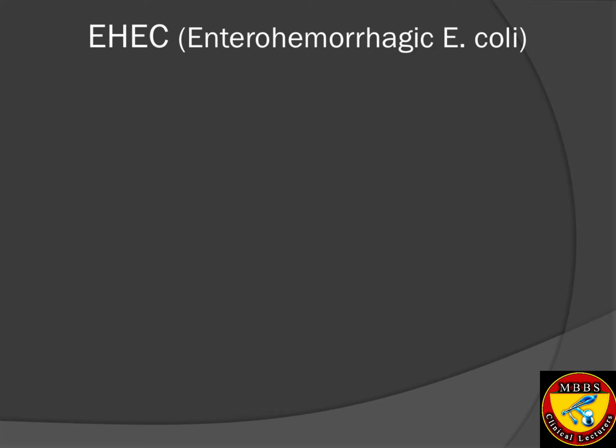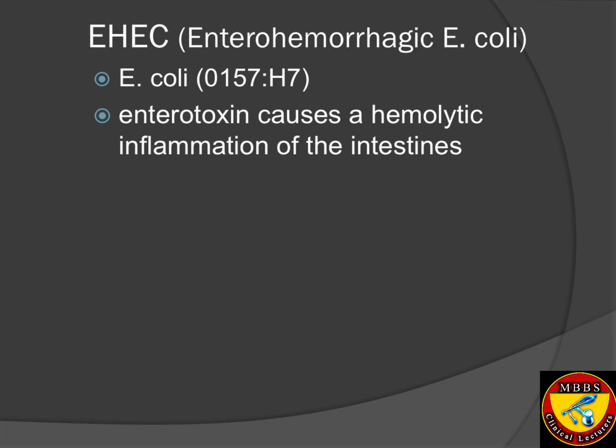Now coming to another toxigenic disease, enterohemorrhagic E. coli, also called E. coli O157:H7. It's a very well-known strain of E. coli because it releases an enterotoxin that causes a hemolytic inflammation of the intestines. It results in bloody diarrhea, or it causes dysentery.